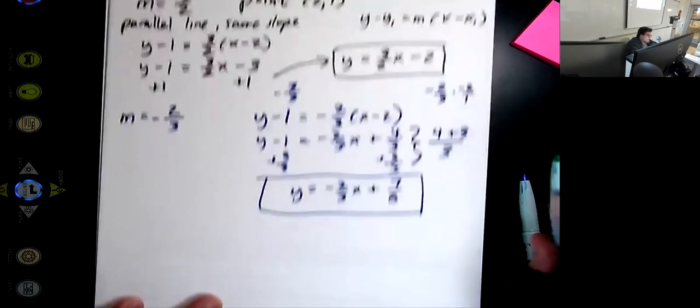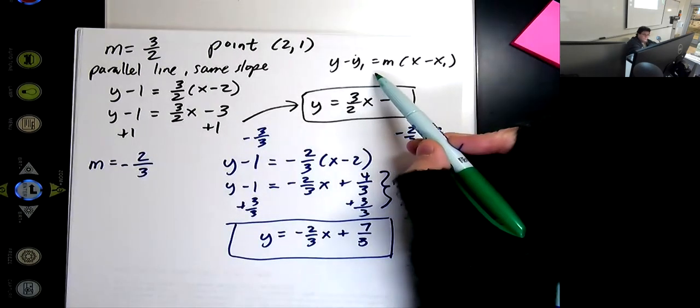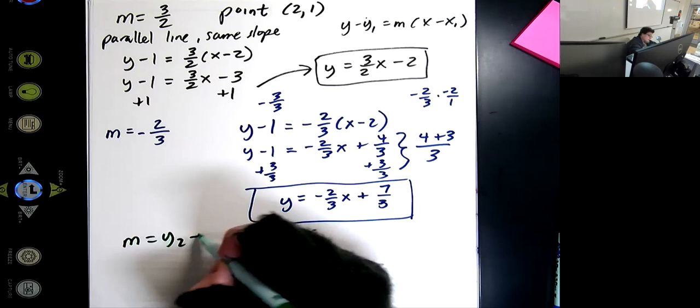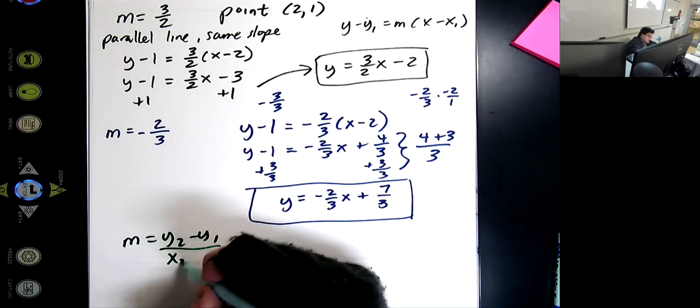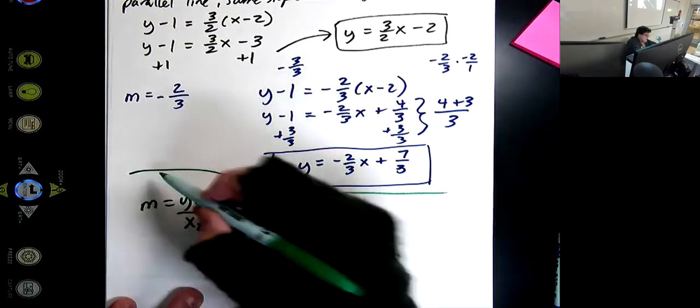One last thing before we go, just to make it easier to memorize. If you have a problem memorizing this equation up here, this actually stems from m equals y2 minus y1 over x2 minus x1. That's my slope equation.